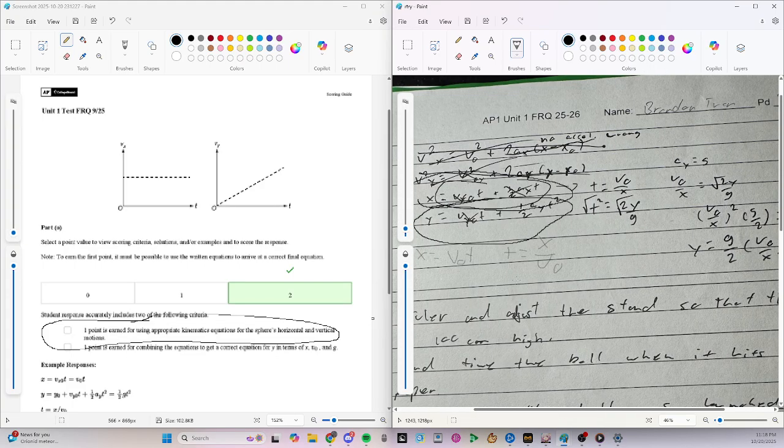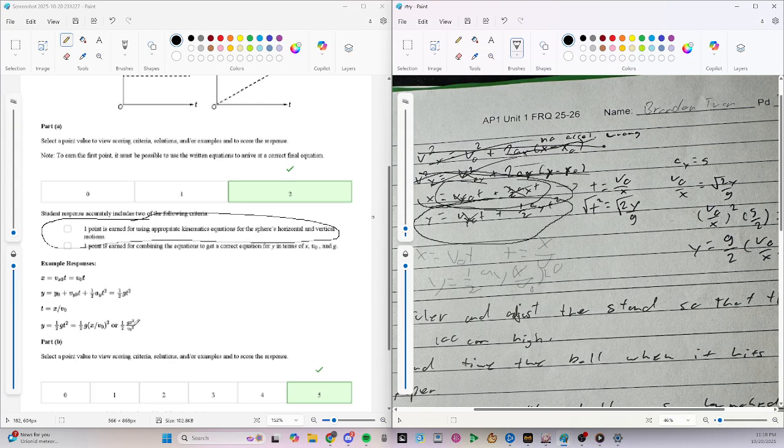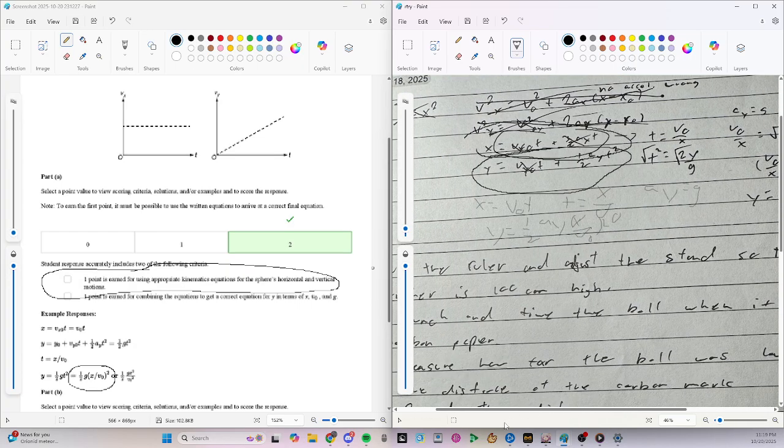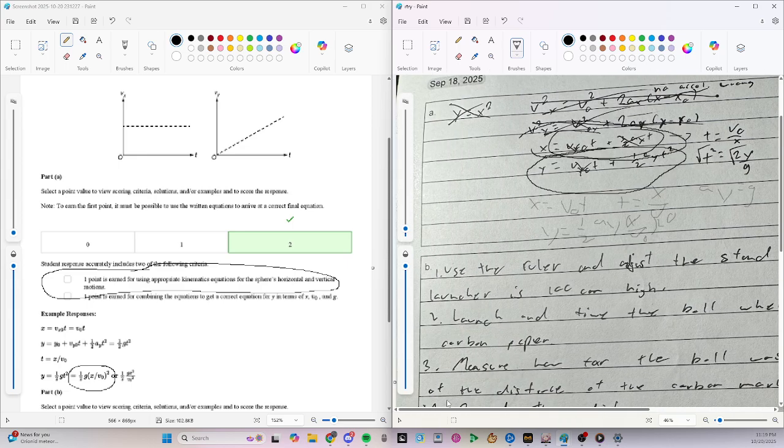When you plug this in for t into y, you would get y is equal to 1 over 2 a_y times (x over v0) squared. Then that should be the answer, right here. And ay is equal to g, because that's the vertical acceleration, which is positive, so it stays positive instead of negative. And that's why I got 1 out of 2 for that one.